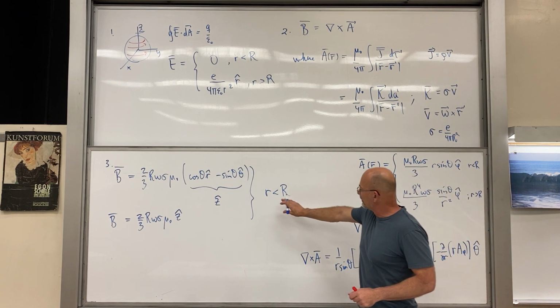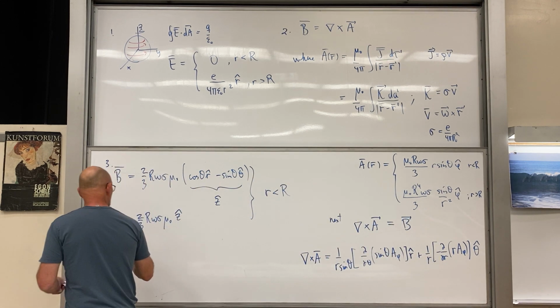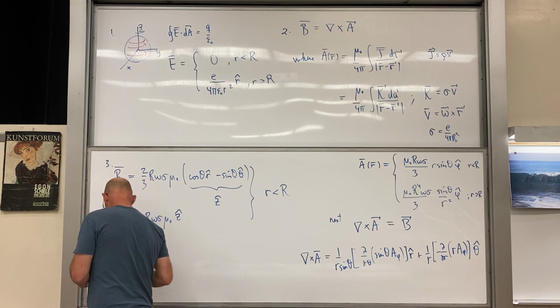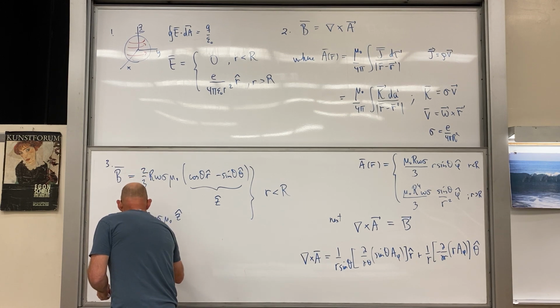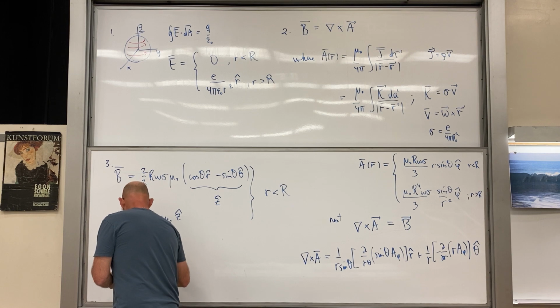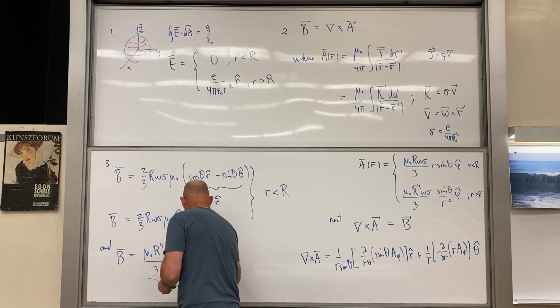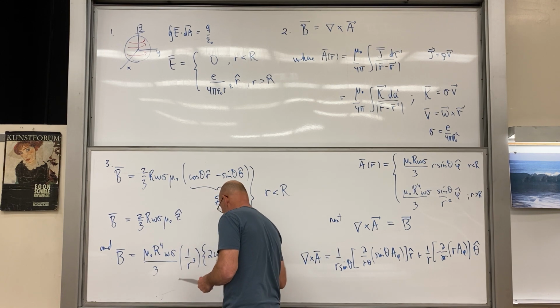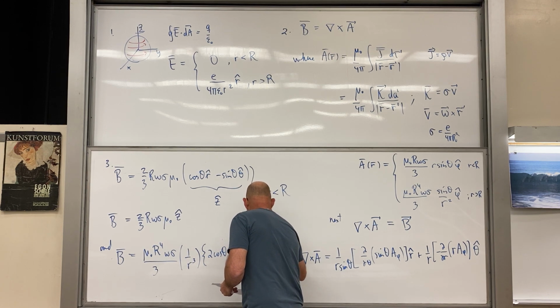And as far as r greater than the radius, we get, cut to the chase here, B equals mu naught r to the 4th omega sigma over 3 times 1 over r cubed, 2 cos theta r hat plus sine theta theta hat.